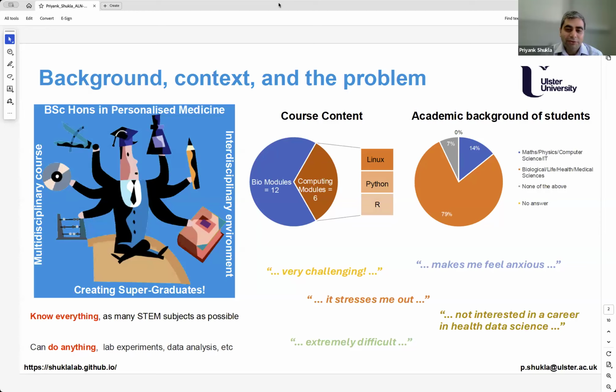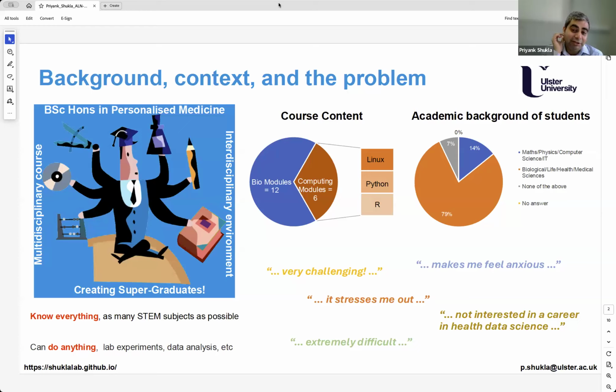Now, most of these students, despite the fact that we try to keep it open for both life and health sciences and physical sciences, most of our students still come from a biology or life and health sciences background, which makes their life a bit difficult in terms of learning the programming aspects of this course.